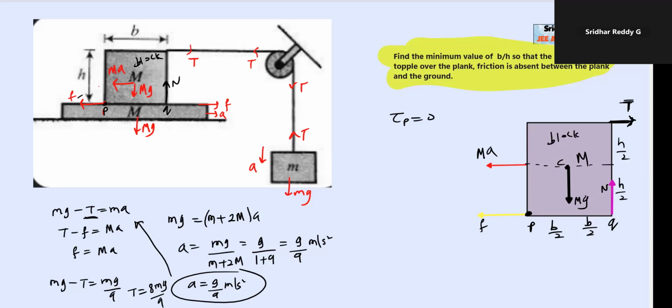Tension equal to 8 mg by 9. So this will be m equal to 1 kg.